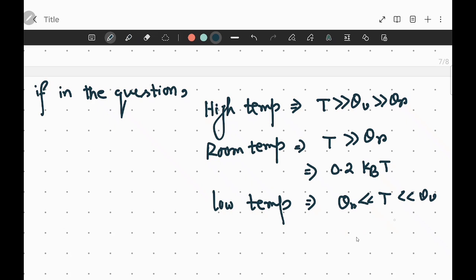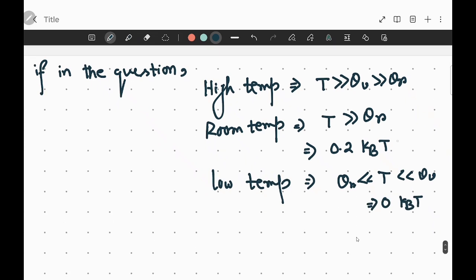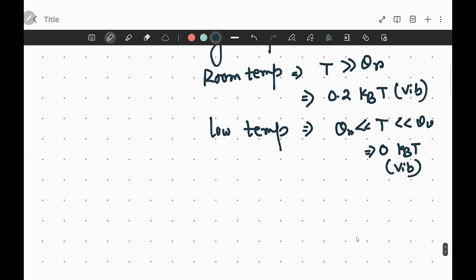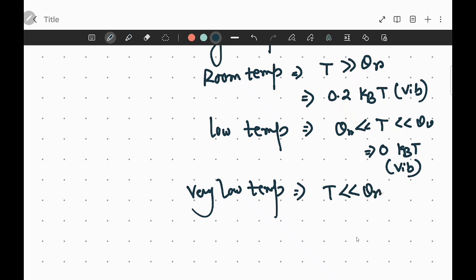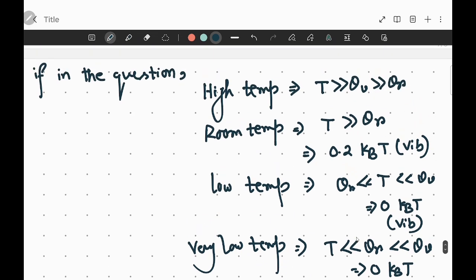Then it is 0 kBT for vibrational contribution. I'm saying this is for vibrational contribution. And if it is very low temperature, then temperature is less than theta r even. Then rotational and vibrational both are 0. So this you have to remember.